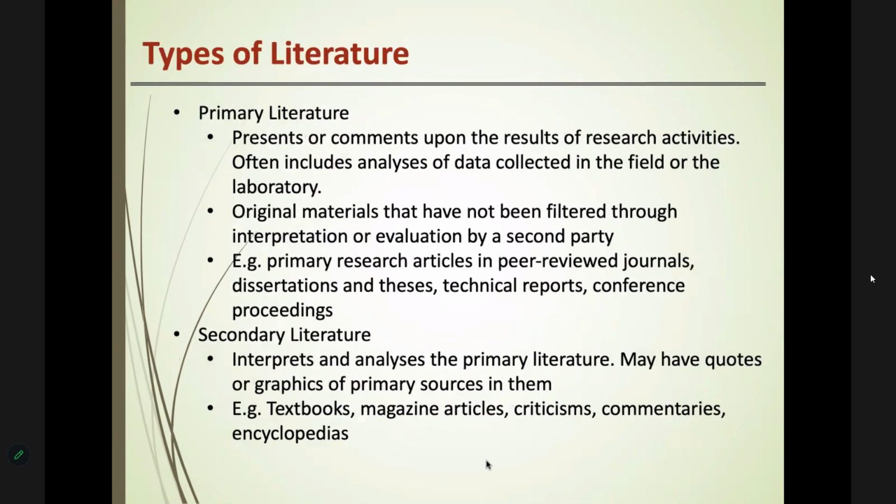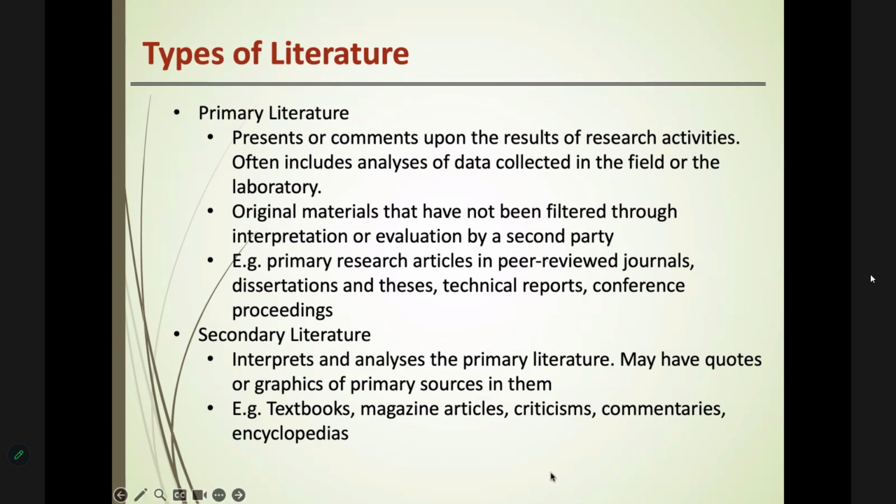So you can actually categorize the literature as primary literature or secondary literature, right? The primary literature mainly presents or comments upon the results of the research activities, because it has all the primary data, mainly the journal papers.